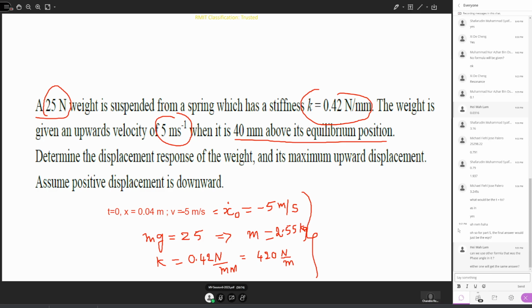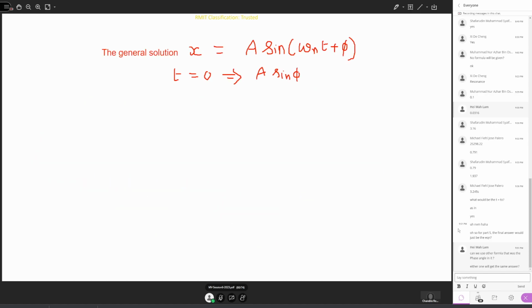I didn't add the negative sign here. So the displacement is negative 0.04, and the velocity is also negative. So this is equivalent to negative 0.04.